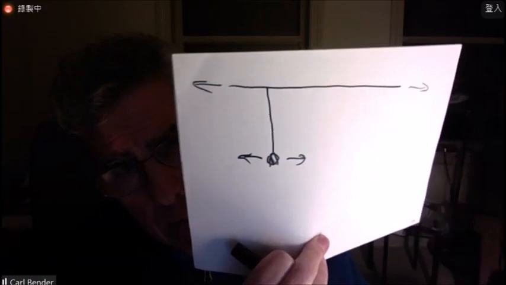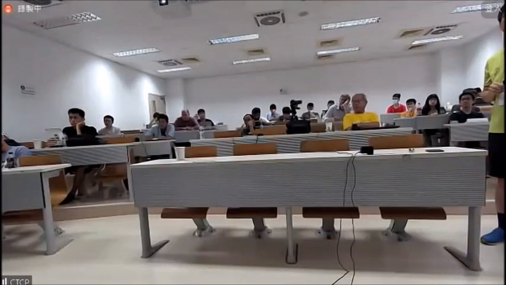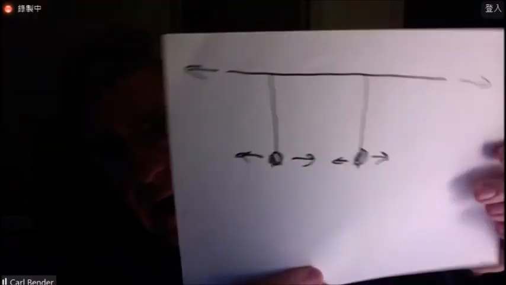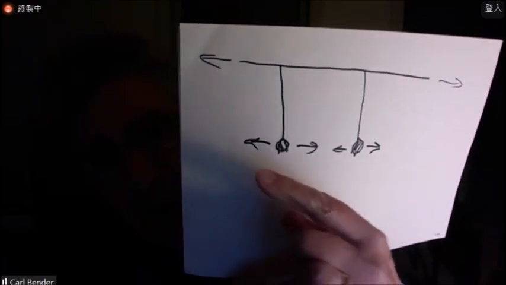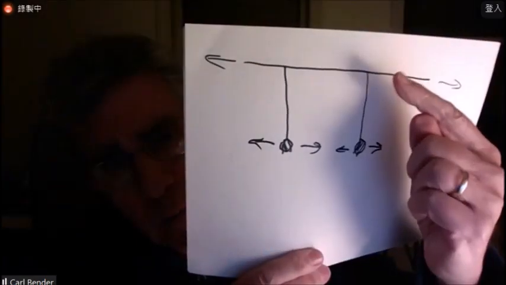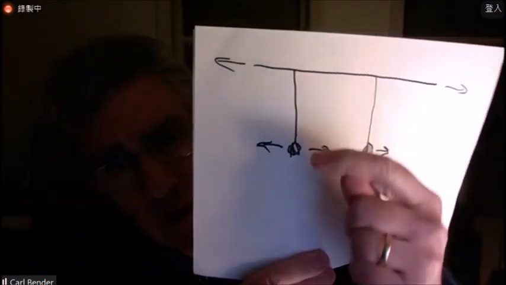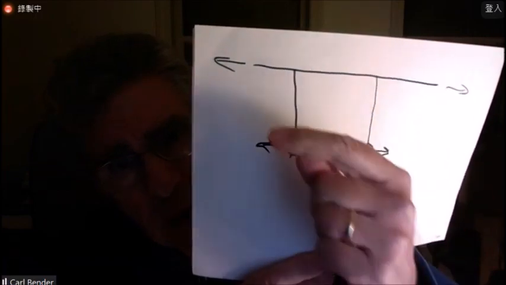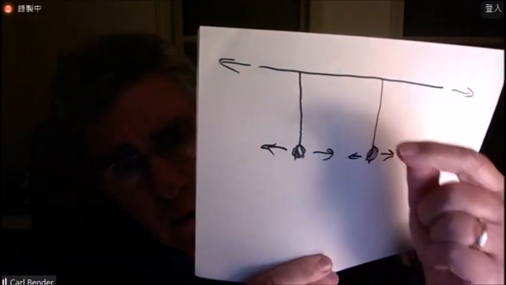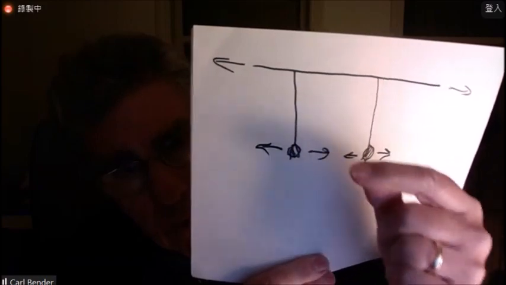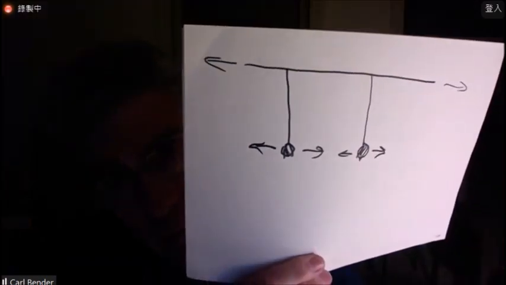Okay? And I have another pendulum also swinging from this rope. So there's a rope, we have a pendulum swinging back and forth, and another pendulum swinging back and forth. Okay?